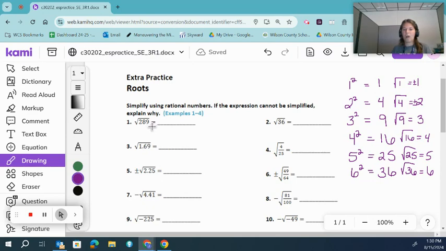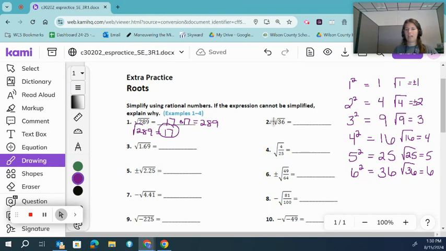It's asking what number times itself equals 289. So it's actually 17. 17 times 17 equals 289. So the square root of 289 equals 17.